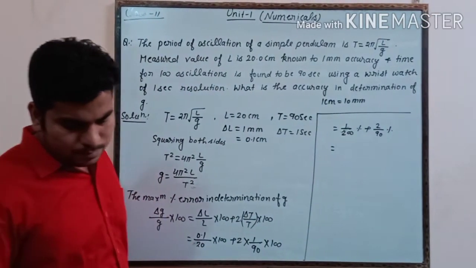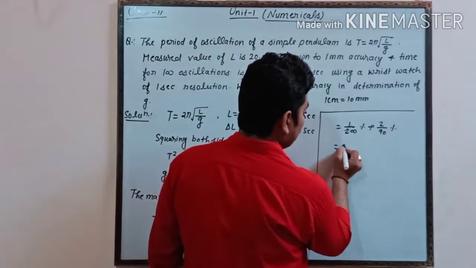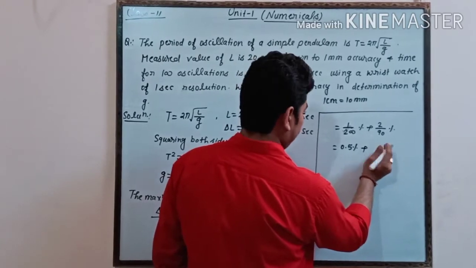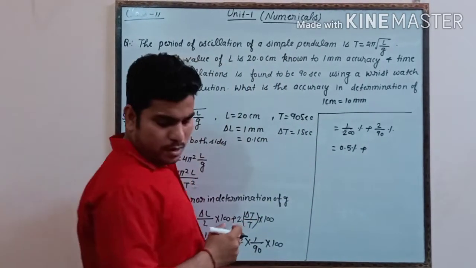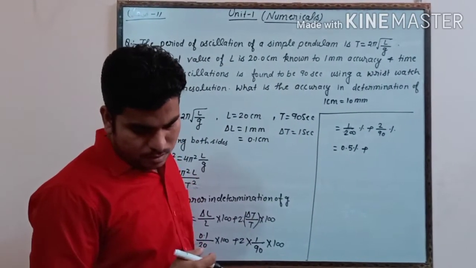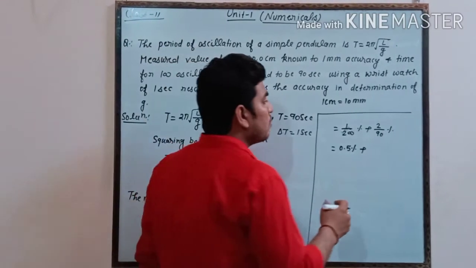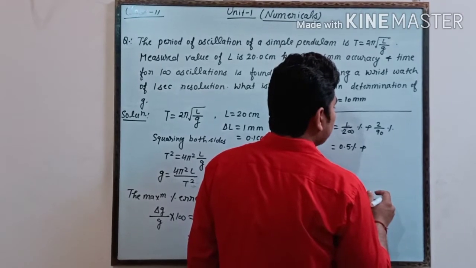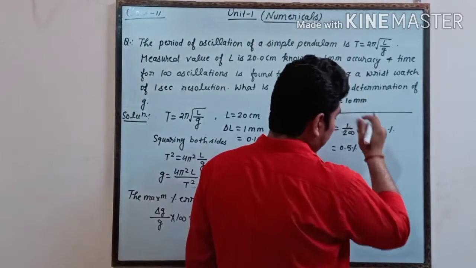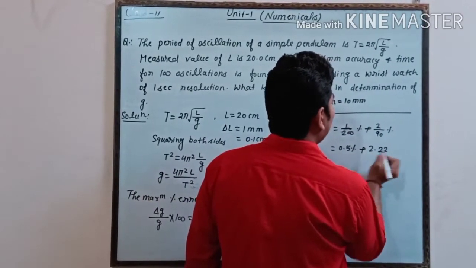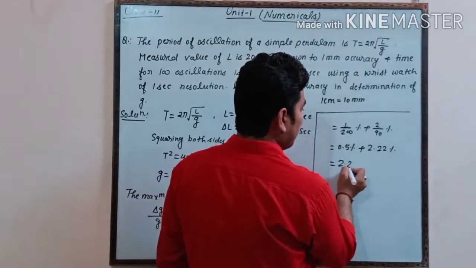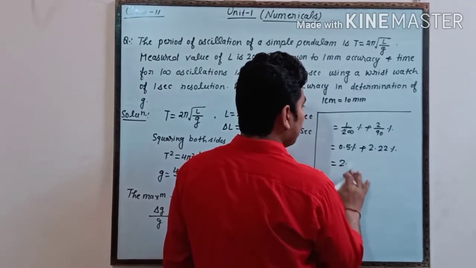Just solve these. This is 0.5% plus this is 2 upon 90, which is 2.22%. So the answer is 2.72%.